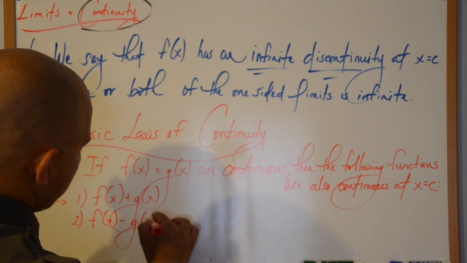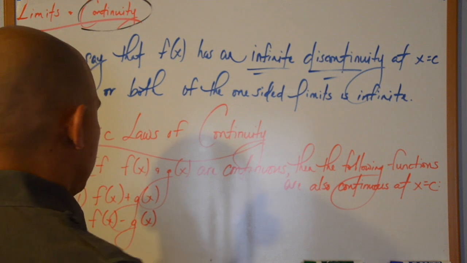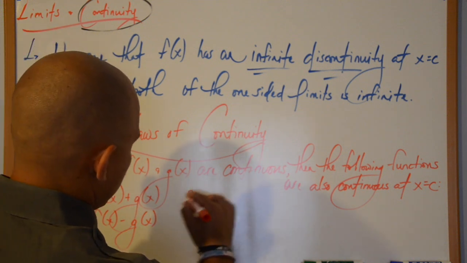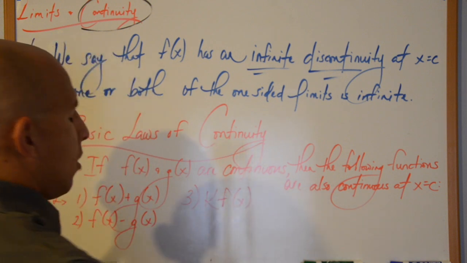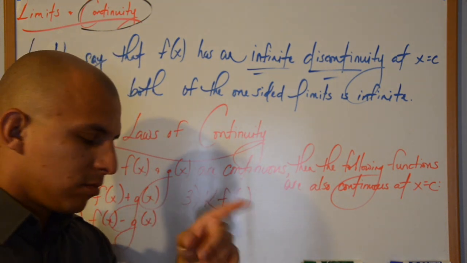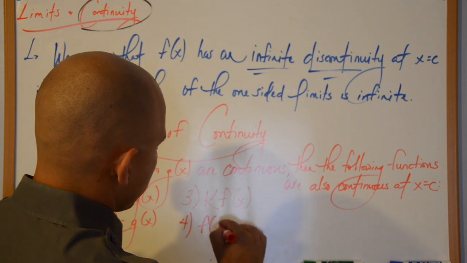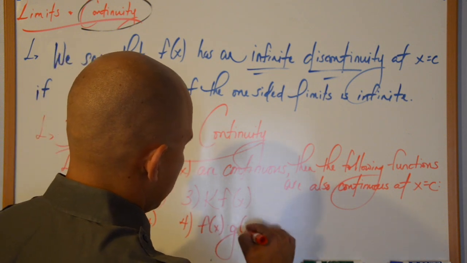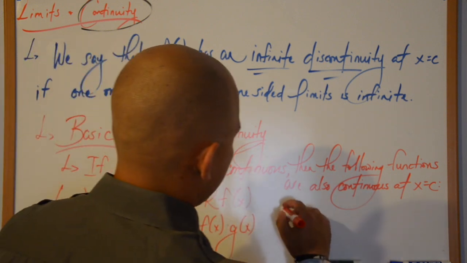The difference of those two functions remains continuous. The scalar multiple of those functions remains continuous. The product of those functions remains continuous.